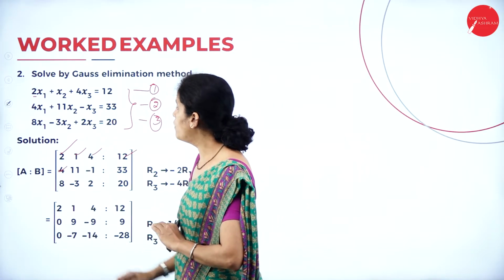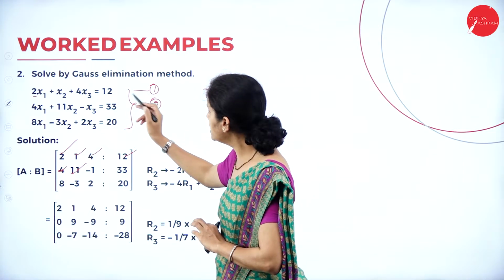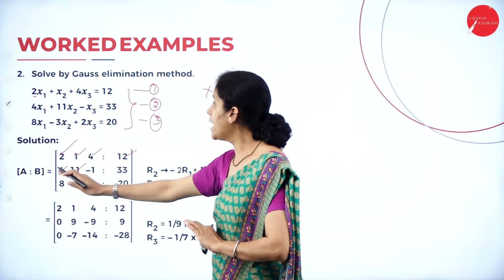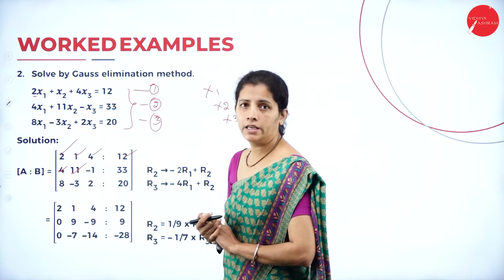Now I have 4, 11, minus 1 and 33. Now if I consider the third equation, I have 8, minus 3, plus 2 and 20.